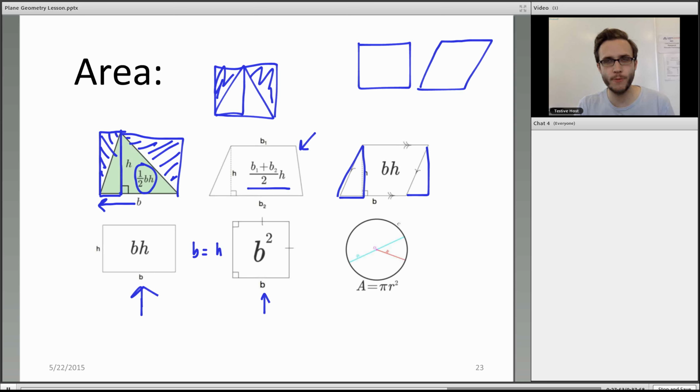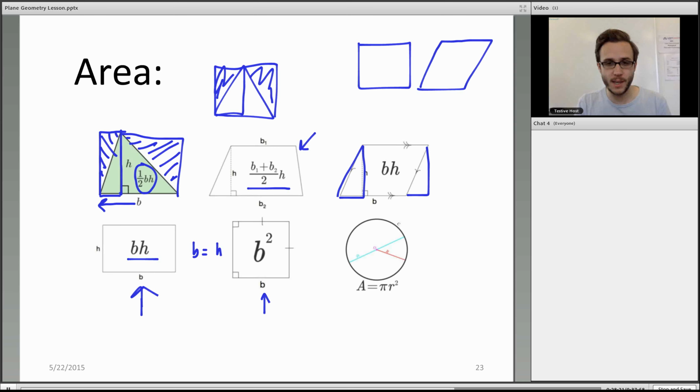Well, when you have two terms that are added together and divided by 2, what I think about there is, anytime you have a certain number of terms, then you're dividing by that number, you're just taking the average. So we're finding the average of the length of the base, so b1 plus b2 over 2, and then we're multiplying it by the height. It's pretty straightforward. It can be figured out just from understanding how we calculate the area of a rectangle. All of this has to do with base times height.